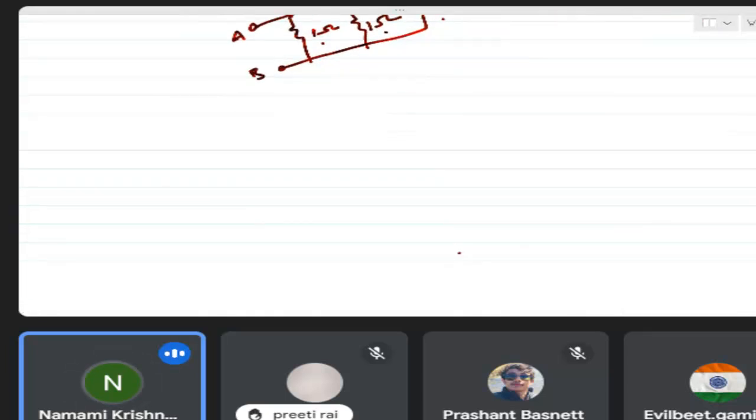Very simple. Parallel means what? If this is a resistance, the first terminal is this and the next terminal is this.